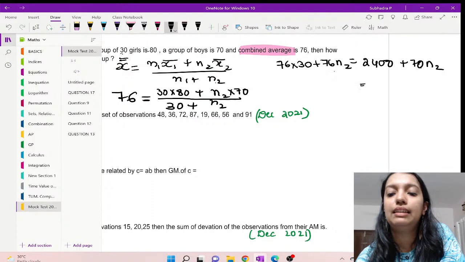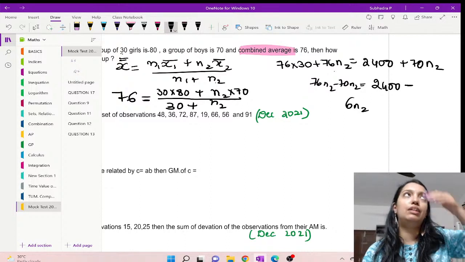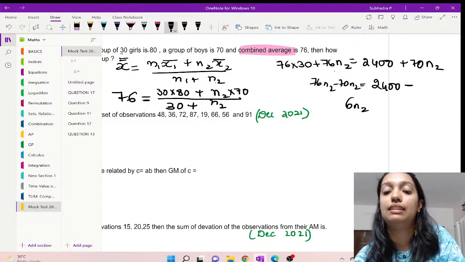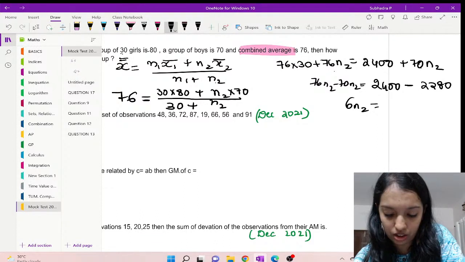So 76 n2 minus 70 n2. So you will get 6 n2 is equal to 2400 minus what is 76 into 30? Is it 2280? So this has to be 120.